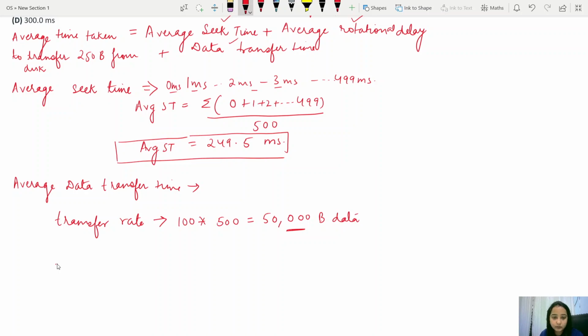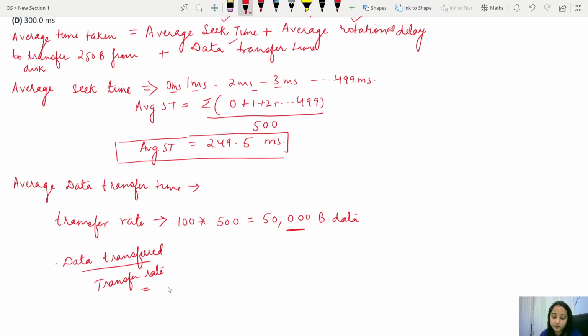So next is the data transfer time. It will be the data to be transferred divided by the transfer rate.